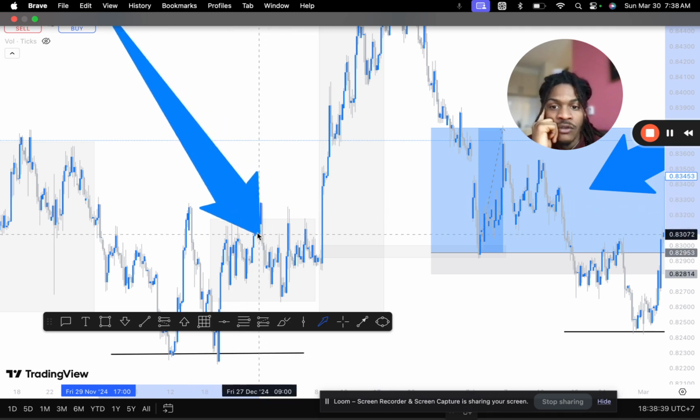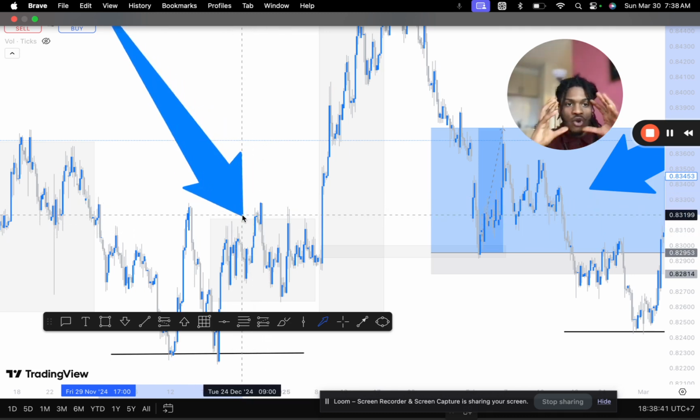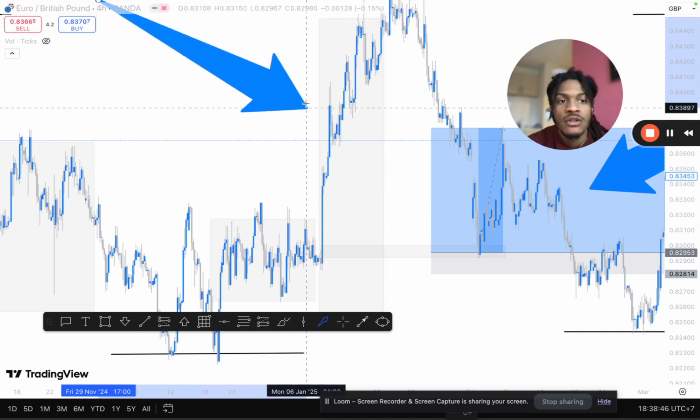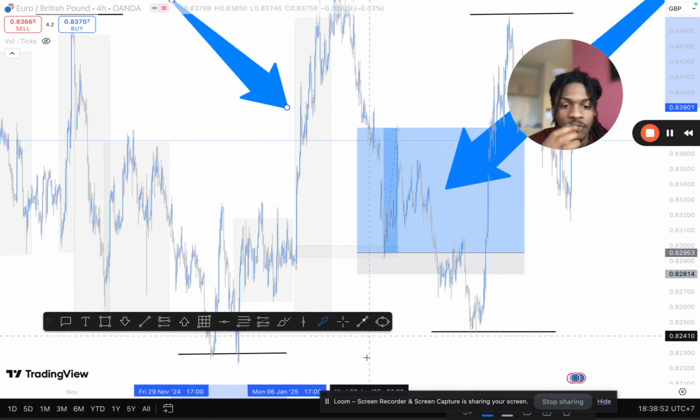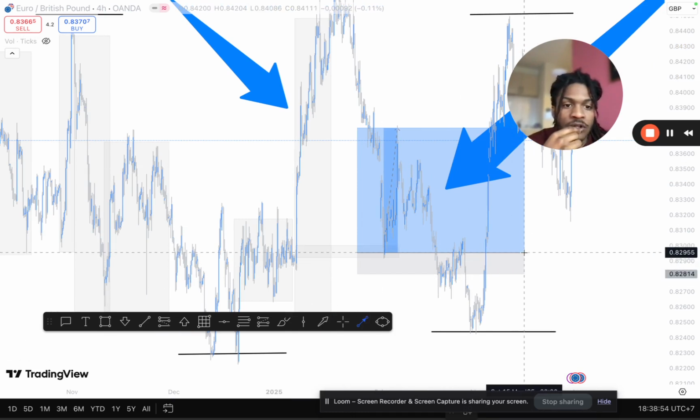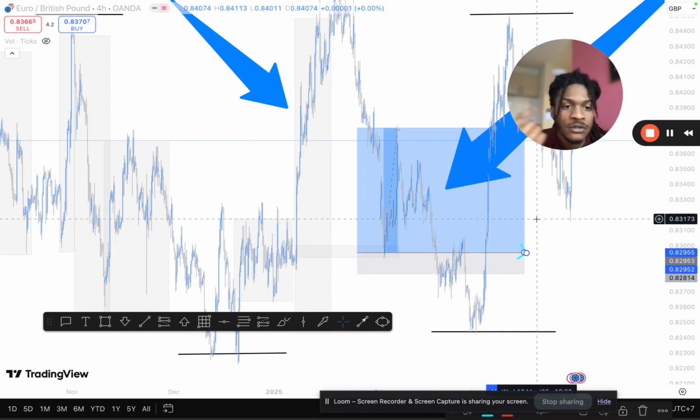In that consolidation, you can think of it as energy coiling up. Then we had an expansion, and then price came back down and filled in that gap before going up again. And depending on where you would have targeted, you could have made a profit there.